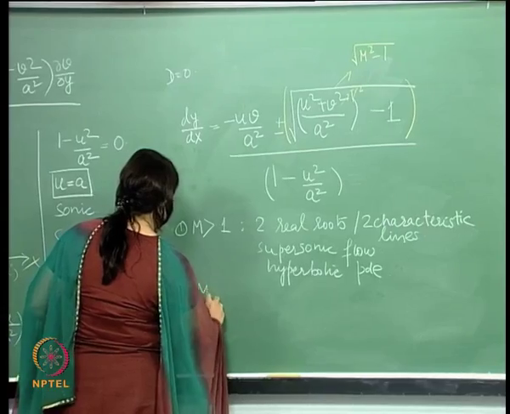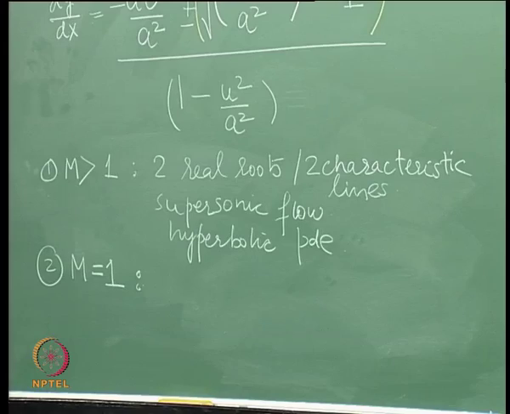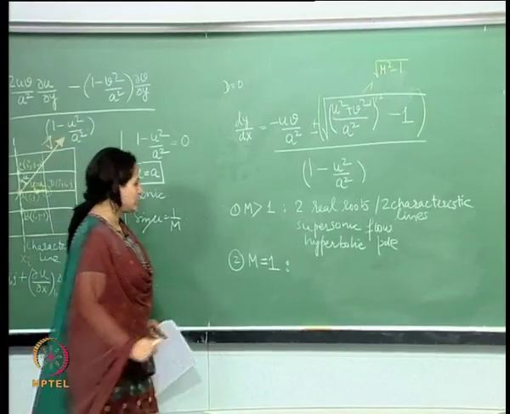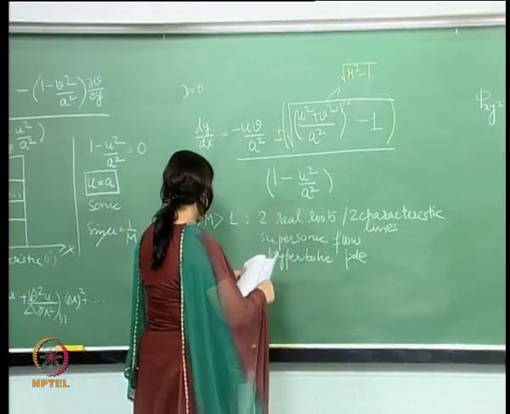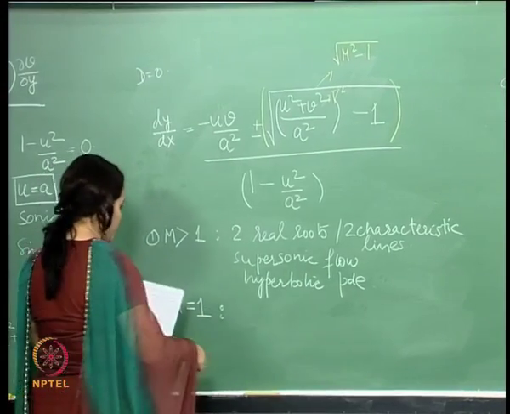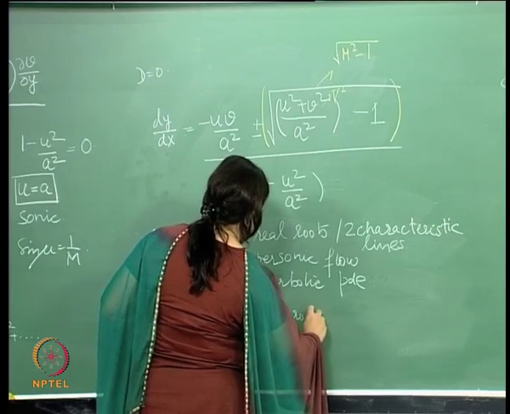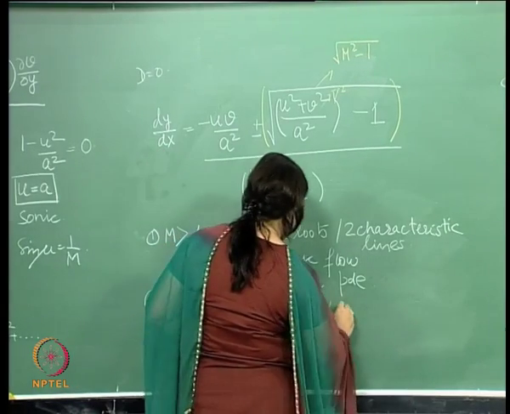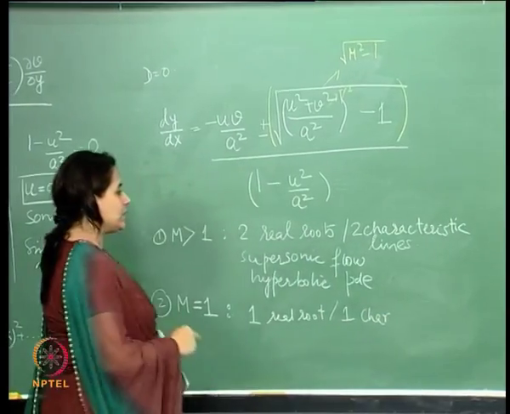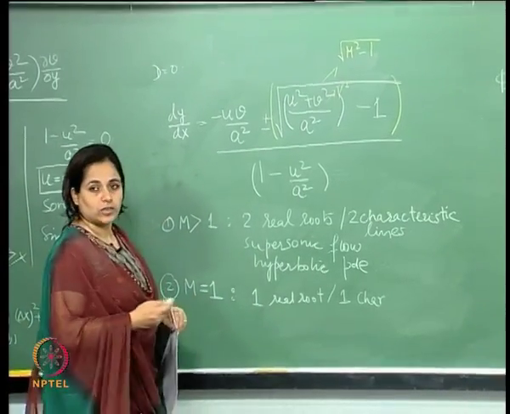If, say, m is equal to 1, we have just 1 real root out here. So mathematically we have essentially 1 real root, which means 1 characteristic line, and this is basically a sonic flow.